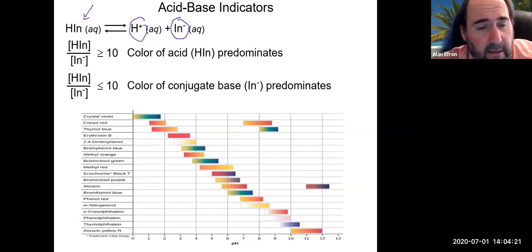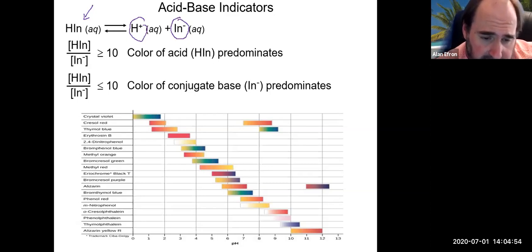And depending on the ratio of the protonated form of the indicator to the non-protonated form of the indicator, that determines what color we will see. So if HIN, which is the protonated form, over IN minus is greater than or equal to 10, typically we will see the color in acidic solution, or whatever color it is in acidic solution. And vice versa, if it's less than that, we will see the base color.